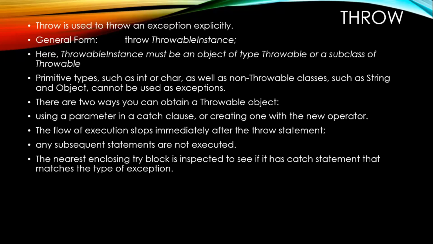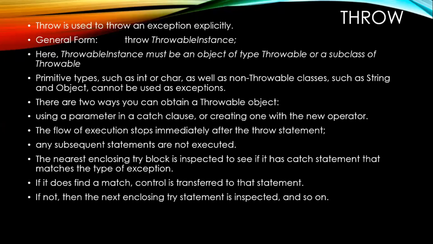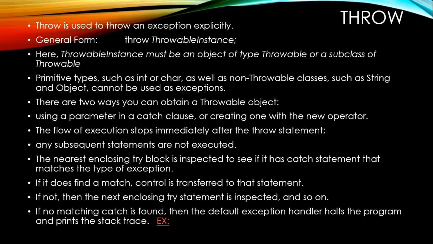The nearest enclosing try block is inspected to see if it has a catch statement that matches the type of the exception. So we have written one exception in a try block. Whenever the exception was raised, the nearest catch block was inspected to see whether it is able to handle it or not, right? If it didn't find any catch block, then the control will be transferred to the JVM.